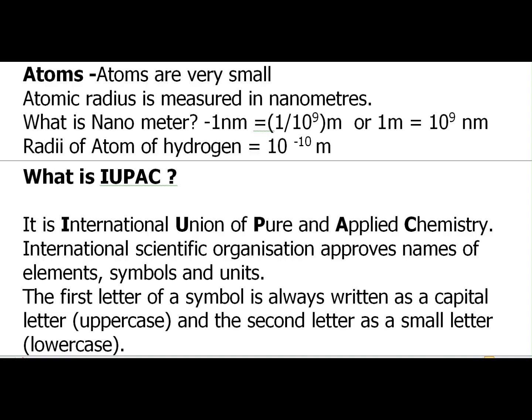Next one, there is an abbreviation: IUPAC. What is IUPAC? You may be asked. It is an abbreviation for International Union of Pure and Applied Chemistry: I, U for Union, P for Pure, A for Applied, C for Chemistry.